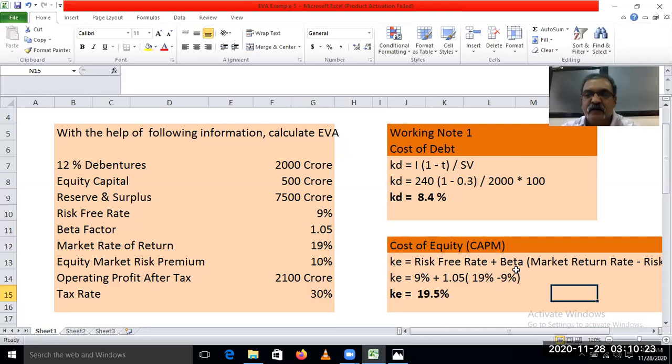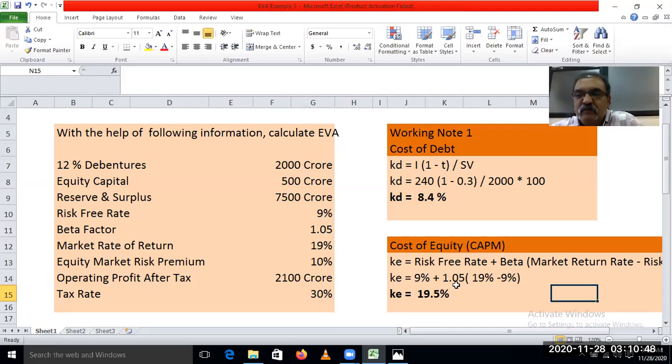When beta is more than 1, the risk of the individual scrip is greater than the market. If beta is less than 1, the risk of that share is less than the market. Here the beta factor is given as 1.05.